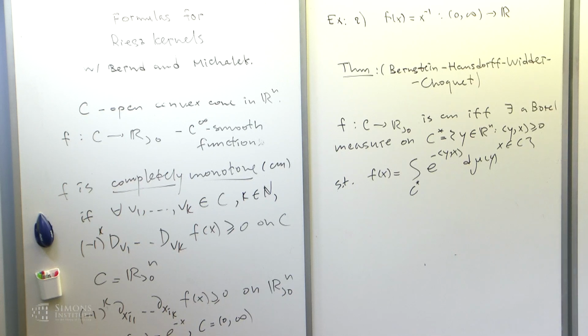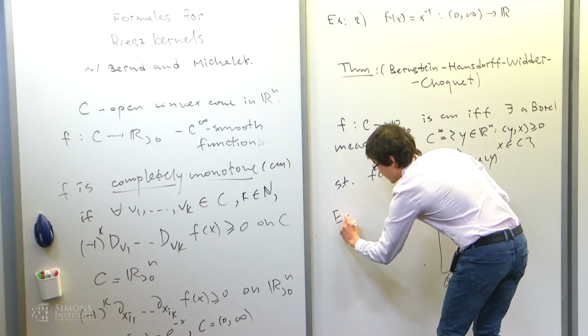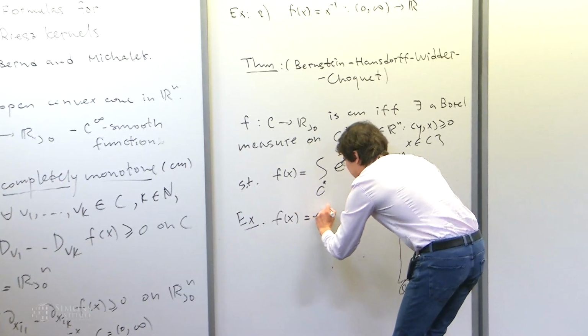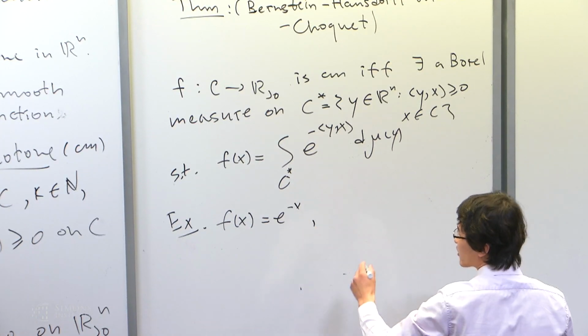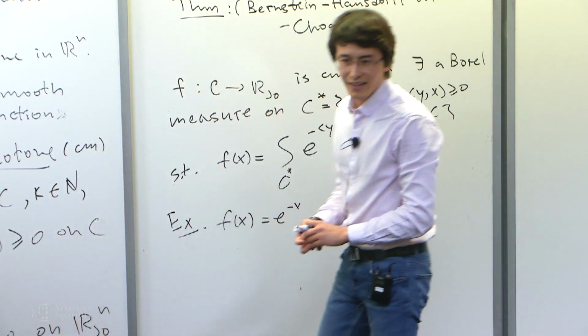You'll get again something positive. If you take one of these two examples, for example, f of x equal to e to the power minus x, then the measure has to be supported on the dual of this positive line, which is itself the non-negative line.